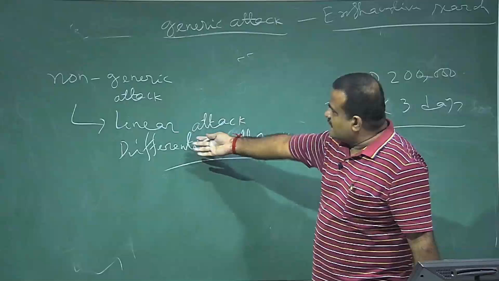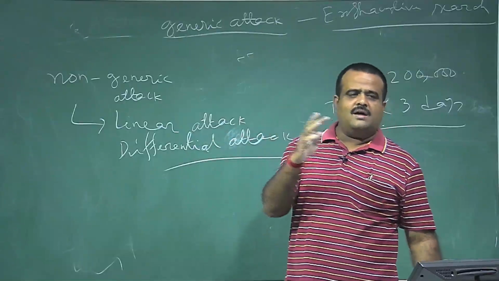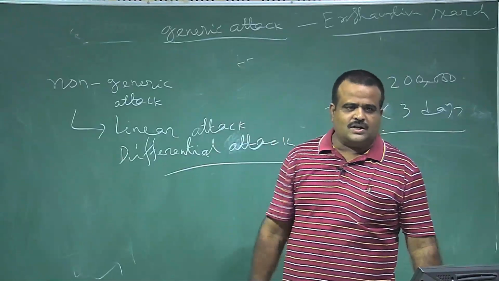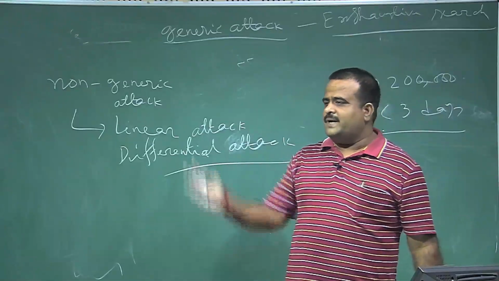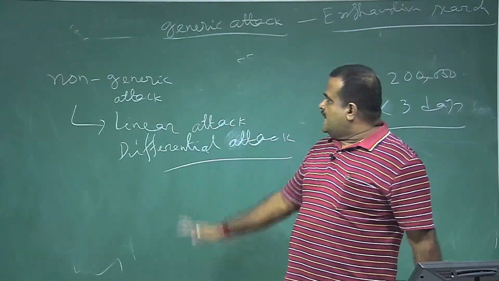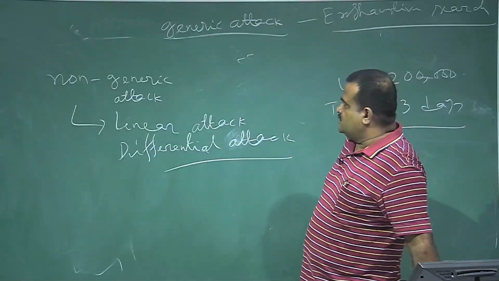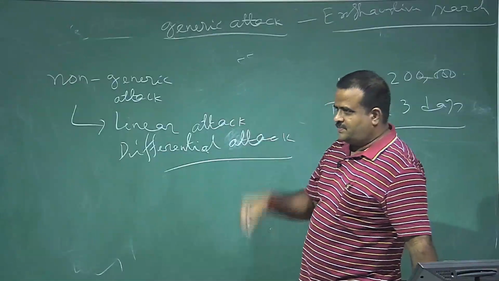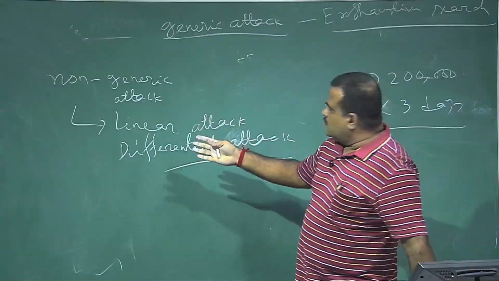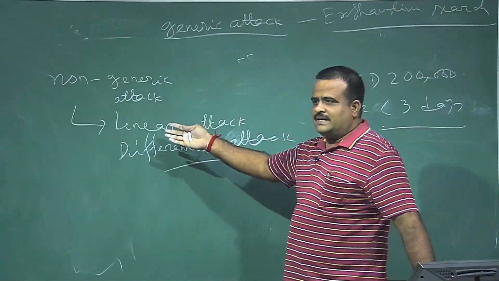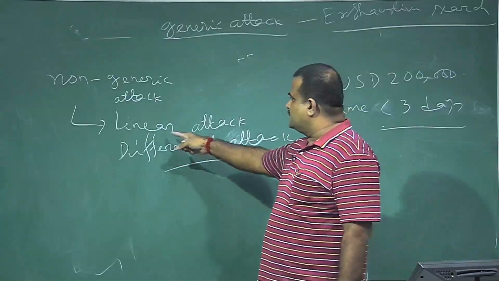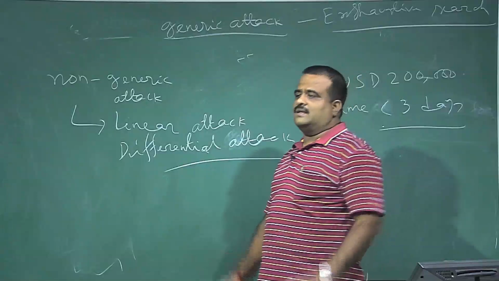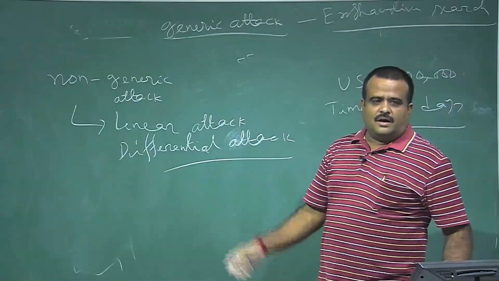In this attack model we need to see the inner design of the cipher, and we need to find some linear relationship between the plaintext and ciphertext. So in that way these are non-generic attacks. These are cipher specific. There are very well-known non-generic attacks available for DES. DES is attacked by the linear attack, by the differential attack, and there are other non-generic attacks that apply to DES.